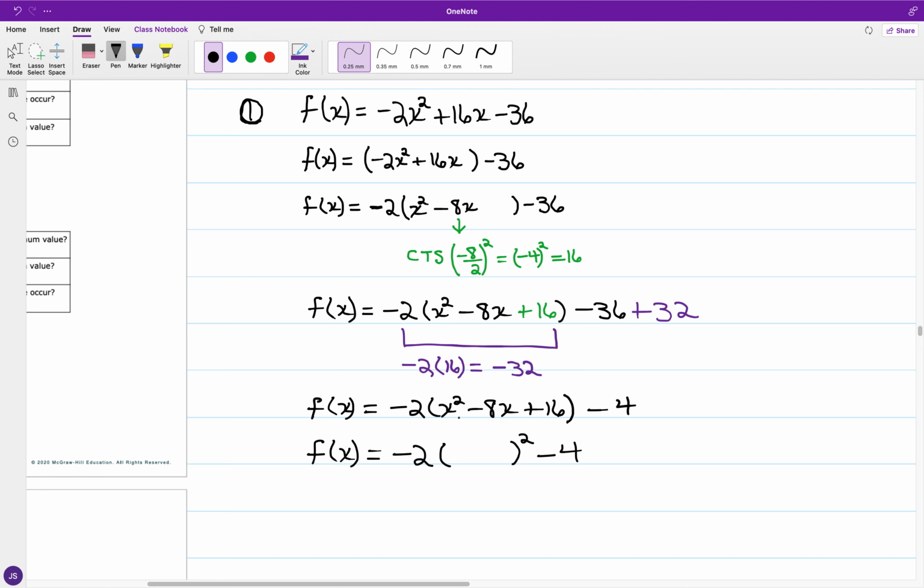For this trinomial, x squared is the square of x, and in terms of how we got to the 16 after negative 8x, remember that it originated from squaring half the coefficient of the middle term. In this case that was minus 4, and again, that is going to reappear.